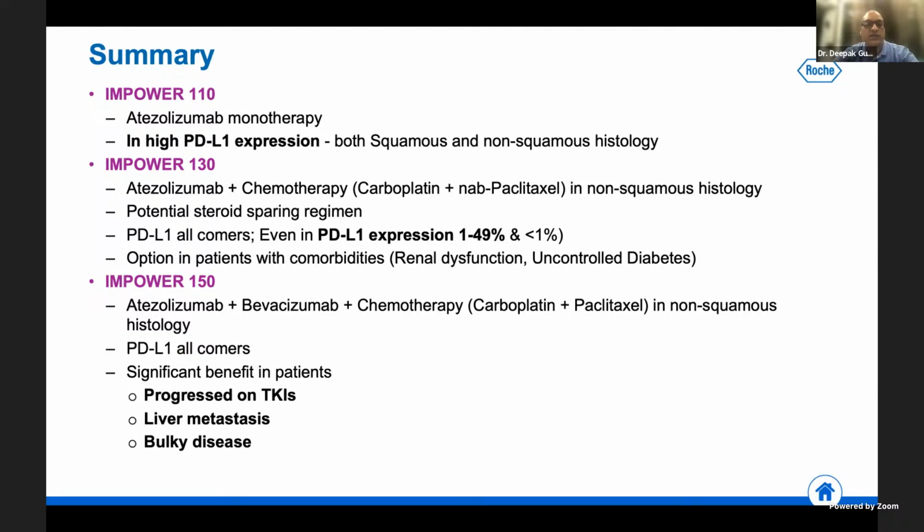It offers options in patients with comorbidity, especially renal dysfunction and diabetes. IMpower150, in which the 4-drug combination of ABCP was tested in non-squamous histology with all PD-L1 comers. Significant benefit was seen in patients who had progressed on TKIs, liver metastasis, and bulky disease.